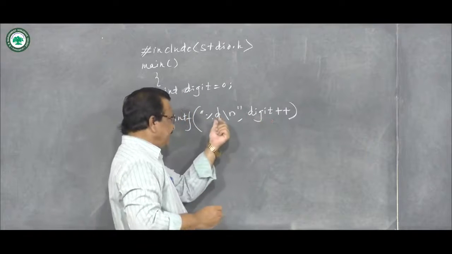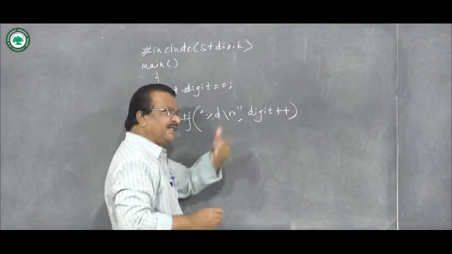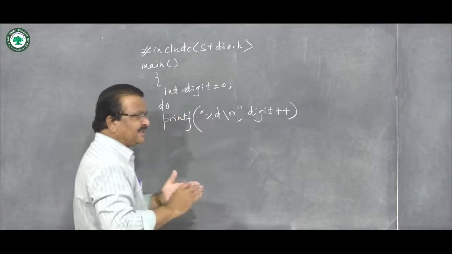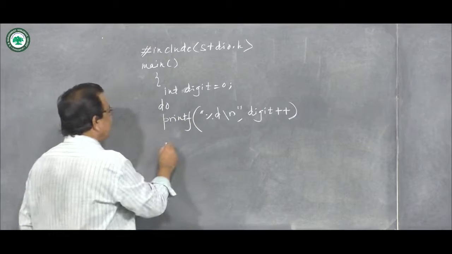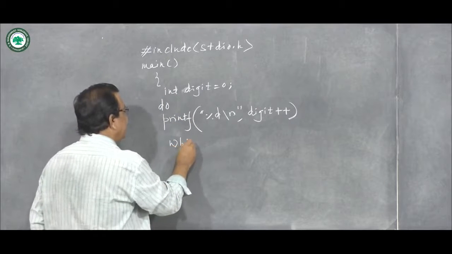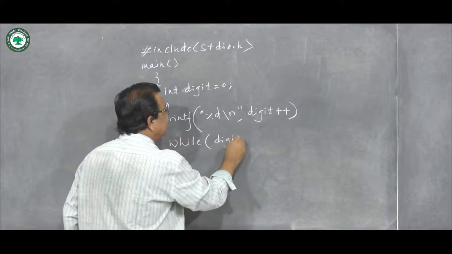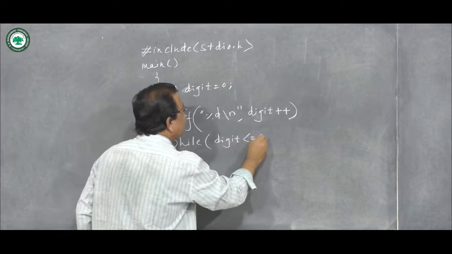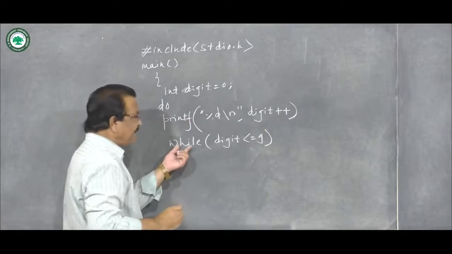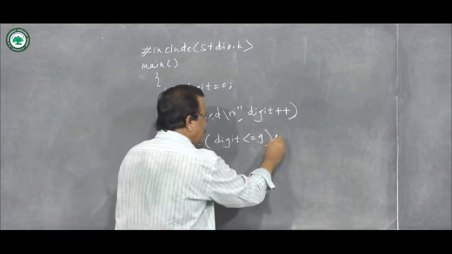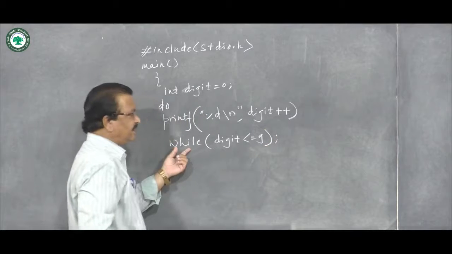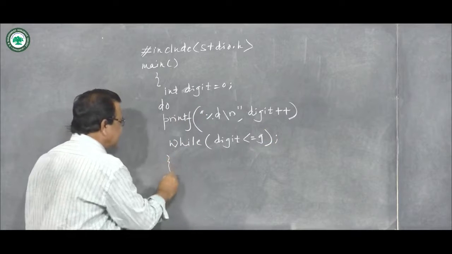Use it for printing, then increment it, and then test with the test condition. And then while (digit <= 9). Remember, after while there is a semicolon in do while, and then this gets completed.